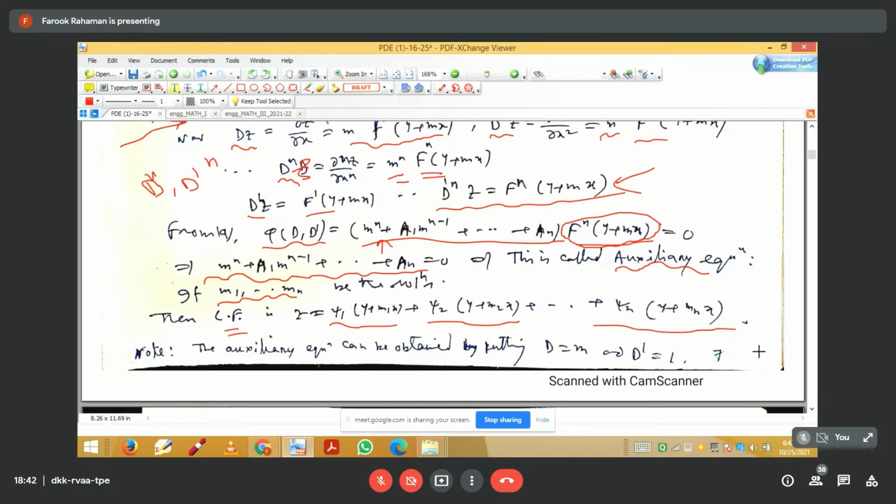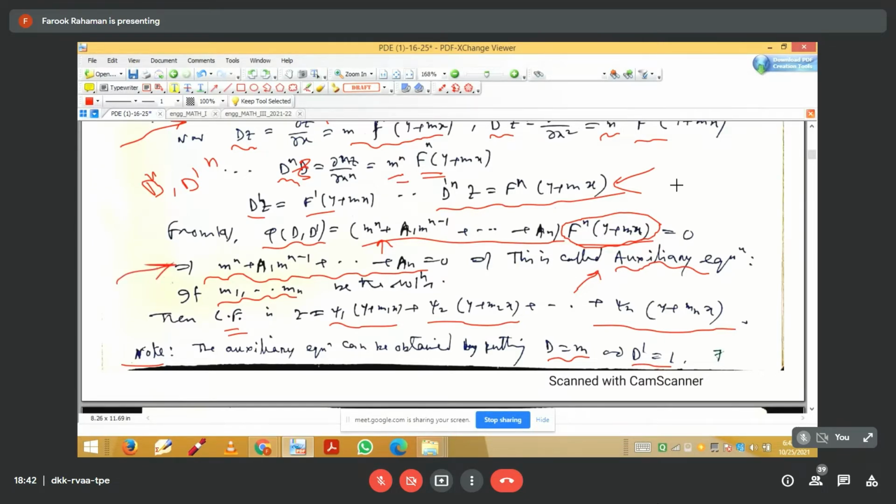So in this way, we can find the CF of the given homogeneous partial differential equation, and one can easily find this auxiliary equation in a very simple way. How? You follow this note. We just put d equal to m and d dash equal to 1, and one will get the corresponding auxiliary equation.